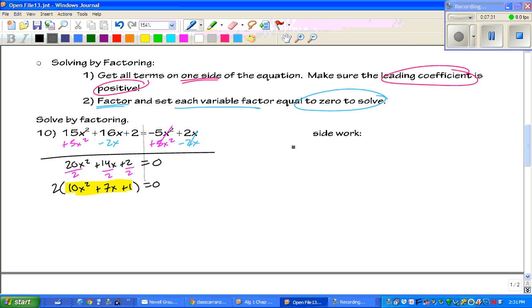We're going to take that and come over to the side and factor it. So, what numbers? We can do the factors of 10, which are 1 and 10, 2 and 5. So which one of those add up to 7 and multiply to 10? Okay, and you should have got 2 and 5.